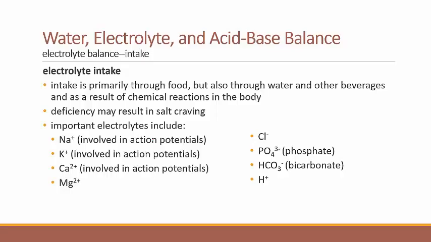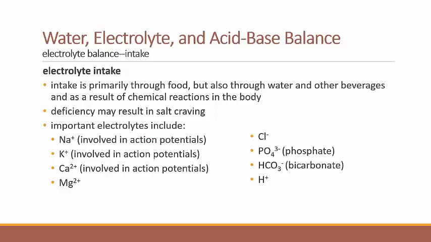Some of the important electrolytes in the body include sodium and potassium, which are both directly involved in action potentials; calcium, which is important for signaling between neurons, the signal for releasing neurotransmitters so that action potentials can go between neurons.